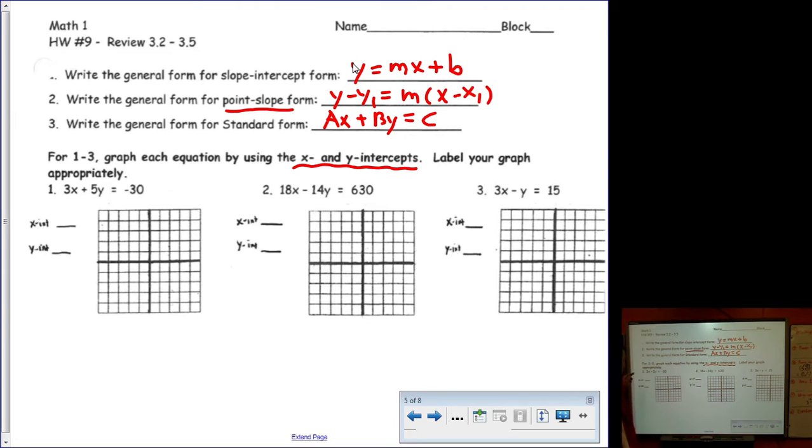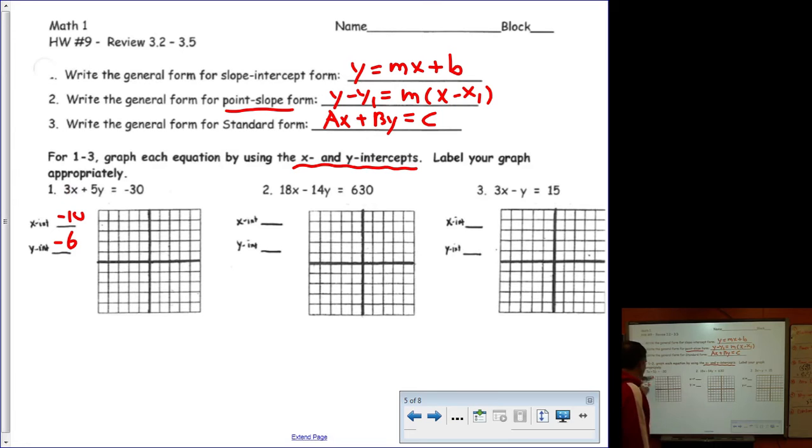So in number 1, if I put 0 in for y, I get 3x equals negative 30, or x equals negative 10, if I divide both sides by 3. And to find the y-intercept, I would put 0 in for x. I would have 5y equals negative 30. And if I divide both sides by 5, I get y equals negative 6.